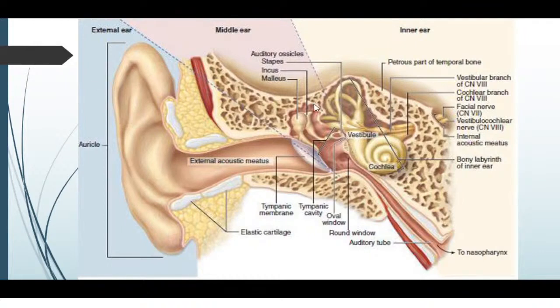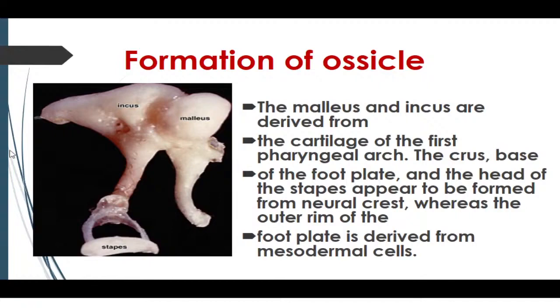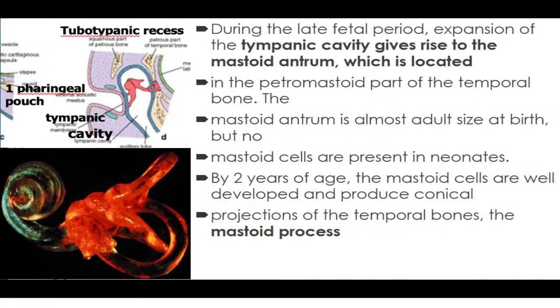And also we have seen the cochlea and semicircular canals, the vestibule with elements of the sacculus and utriculus.